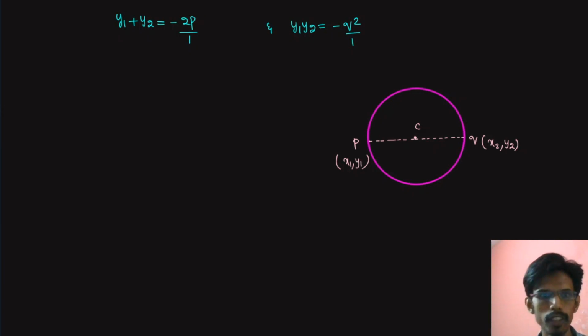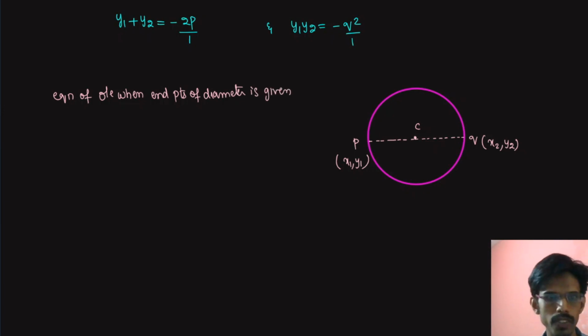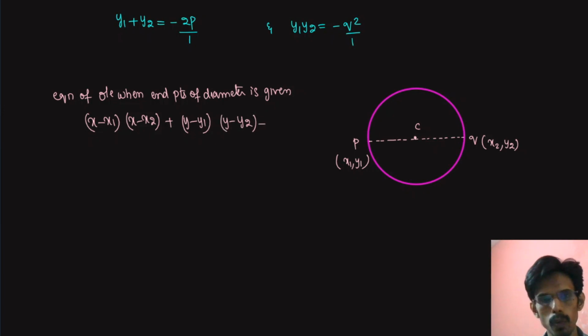So the equation of the circle when the endpoints of the diameter are given or known to us is (x minus x1)(x minus x2) plus (y minus y1)(y minus y2) equal to 0.